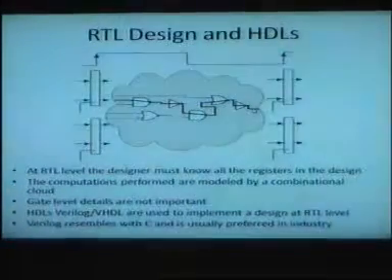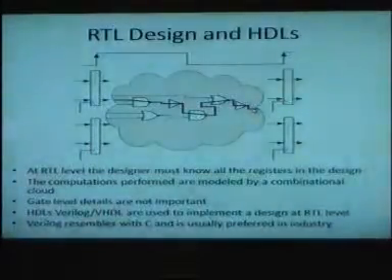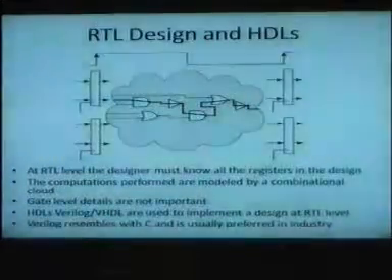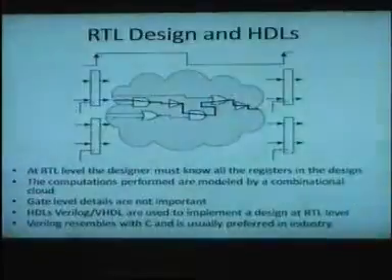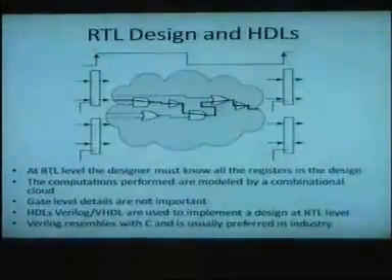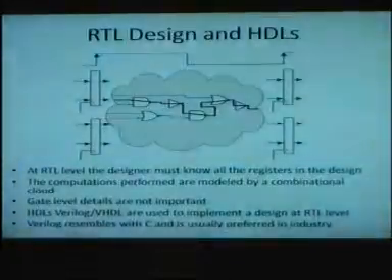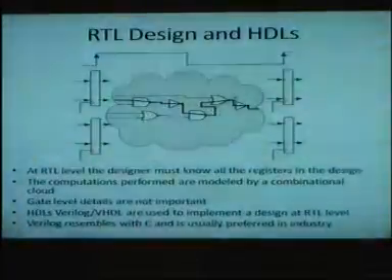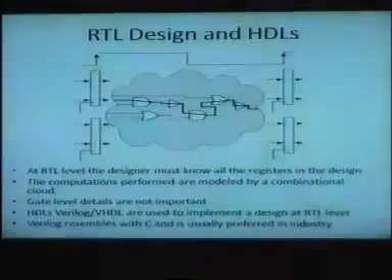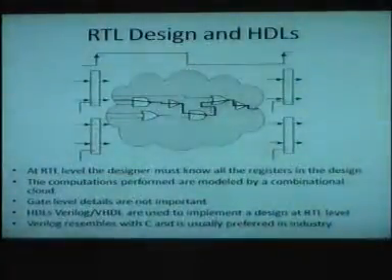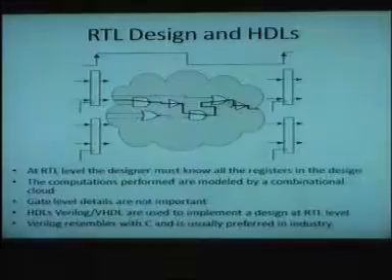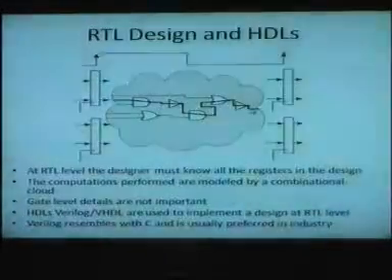It means the answer here will not be stable unless the slowest signal gets to the output. Unless that signal reaches the output, you will not get a consistent answer. The answer will be switching. For example, if it is 0 and the signal has not yet reached here, you get 1 here. But once this signal reaches here, it switches from 0 to 1, and then you get 0 here.